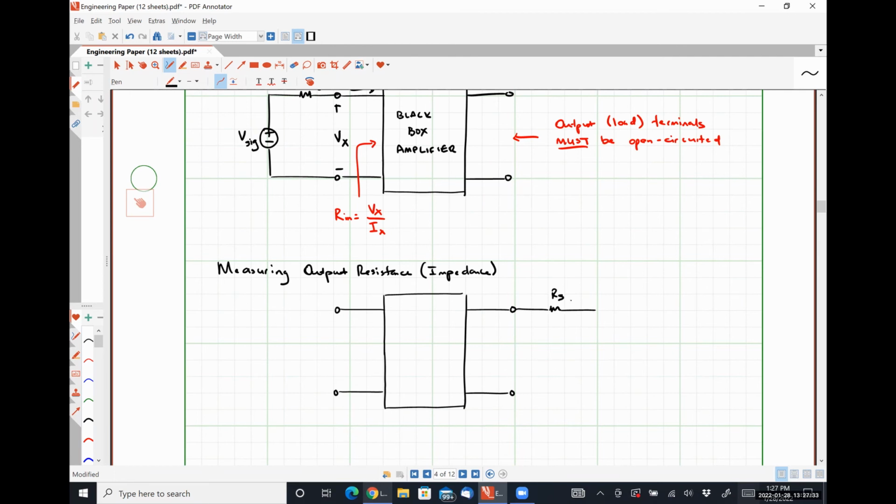So here's our signal. Here's V signal. We measure Vx. We measure Ix. And it's very important that our input terminals are shorted.